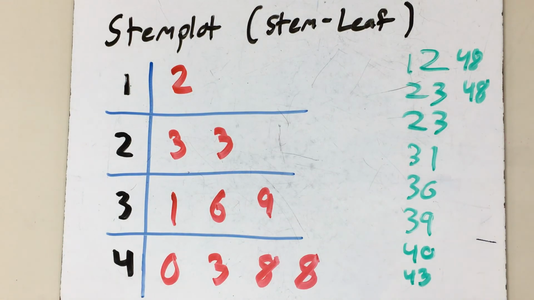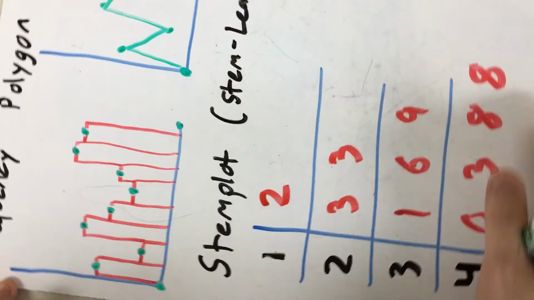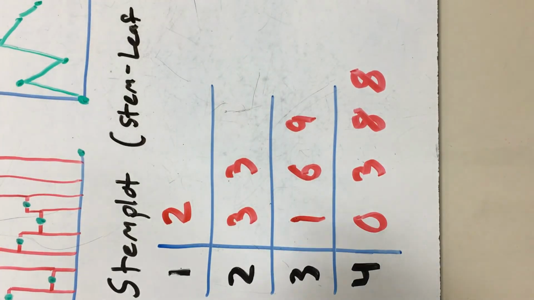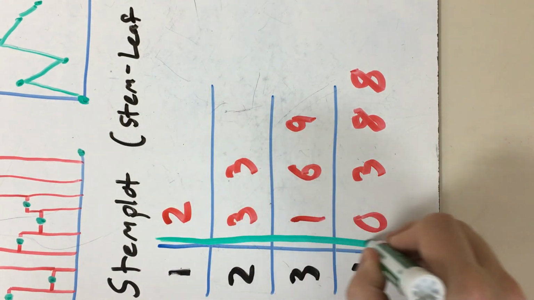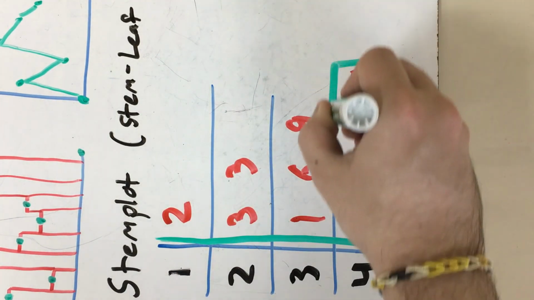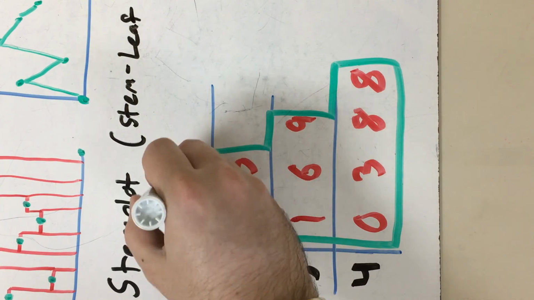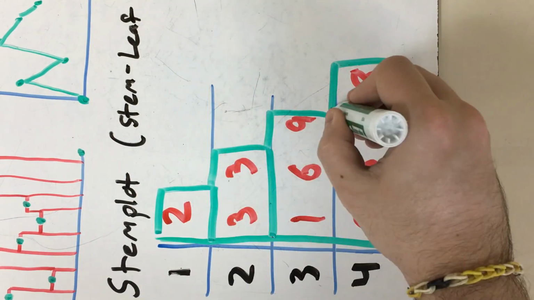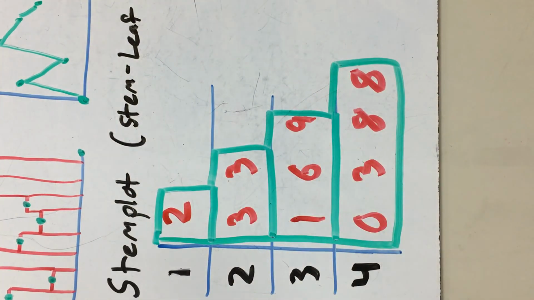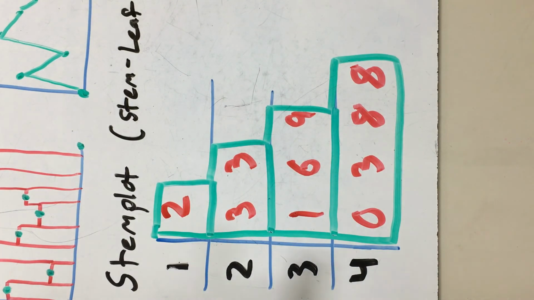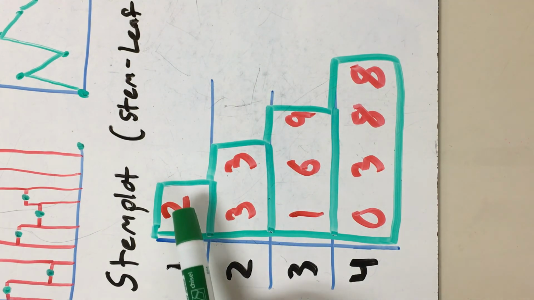What this will actually let us do is if I turn this, it will actually let us both see the shape of our data and see the actual data points at the same time. So I think what you can see is that we have a pretty much a little bit skewed left distribution.